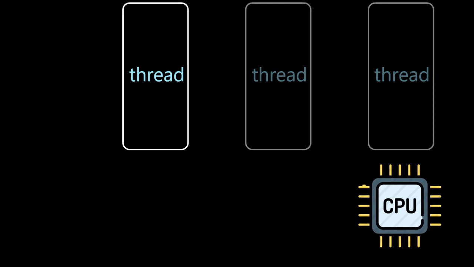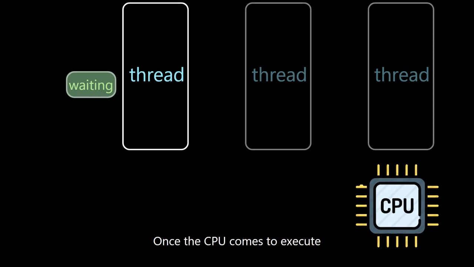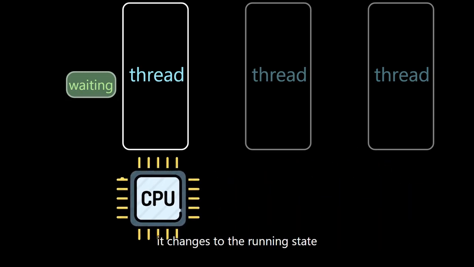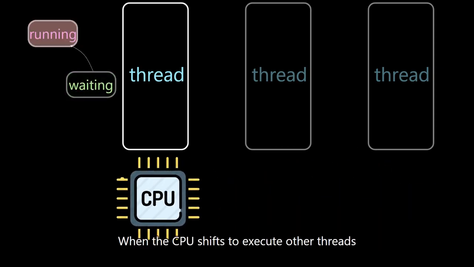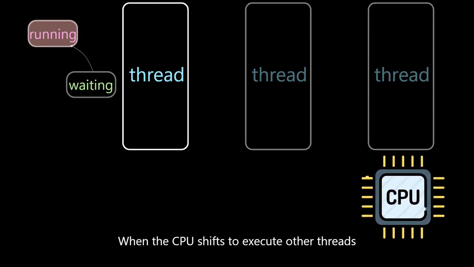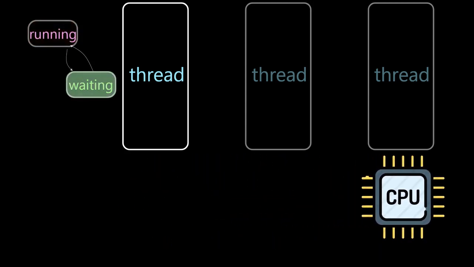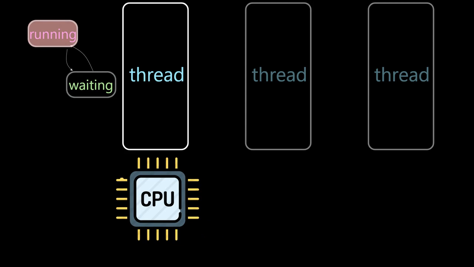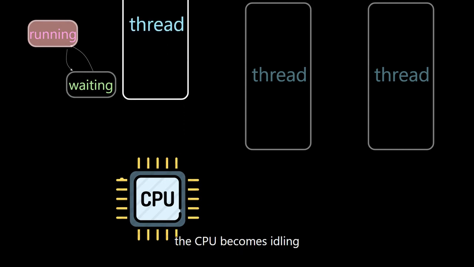Then for a thread, when it is waiting for the CPU, it is called the waiting state. Once the CPU comes to execute, it changes to the running state. When the CPU shifts to execute other threads, it becomes waiting again. If, while the thread is executing, the program sends an access request to the hard disk and then waits, at this time the CPU becomes idle.